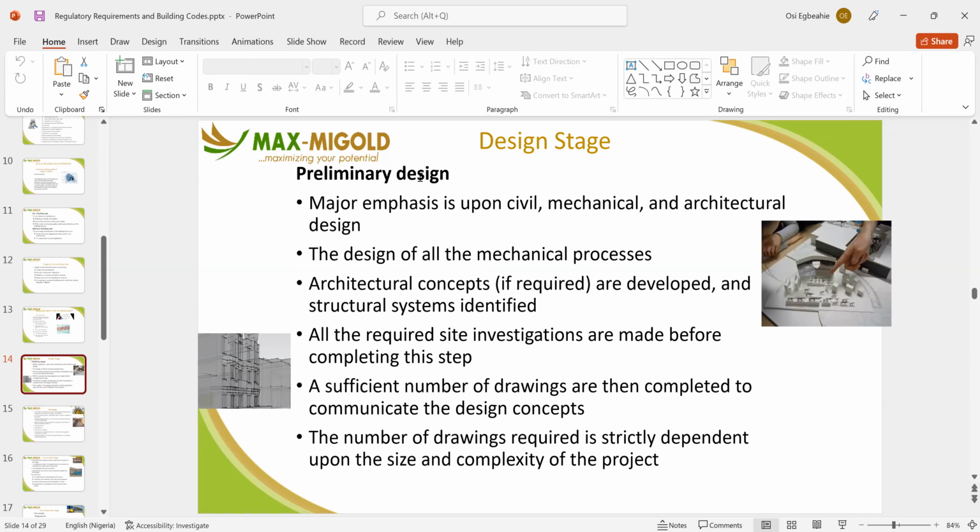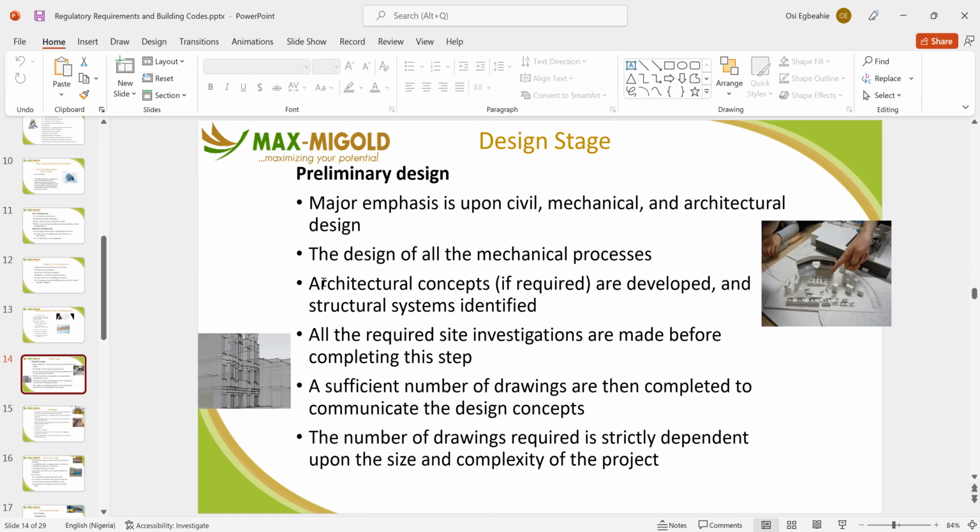After the pre-design stage comes preliminary design, that's the design stage. Here the major emphasis is upon the civil, mechanical, and architectural design. If you are doing a building, the preliminary designs are what we call conceptual design, where the architect puts together all the thoughts, and then every other person comes in and says, this thing is working, this thing can work. Design of all mechanical processes and architectural concepts, if required, are developed, and structural design systems are identified.